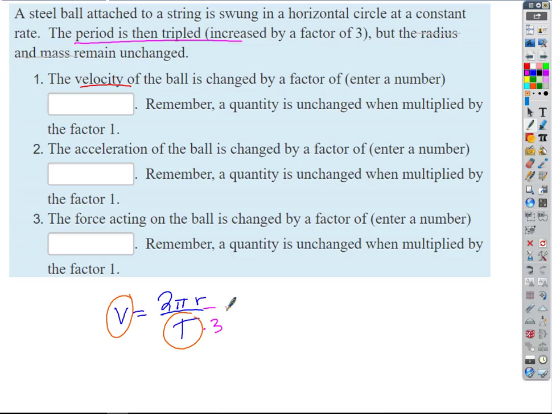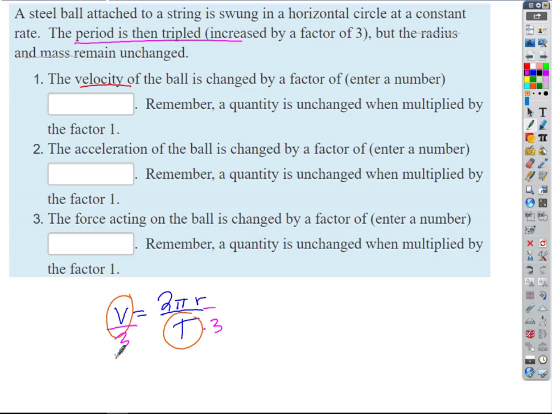Divide it by 3, don't I? Because I multiplied by 3 on the bottom. So I'm multiplying the velocity by 1/3. That makes sense, because they're inversely related, aren't they?